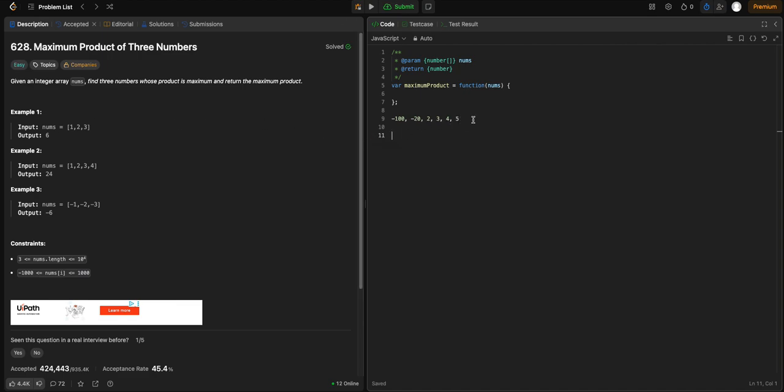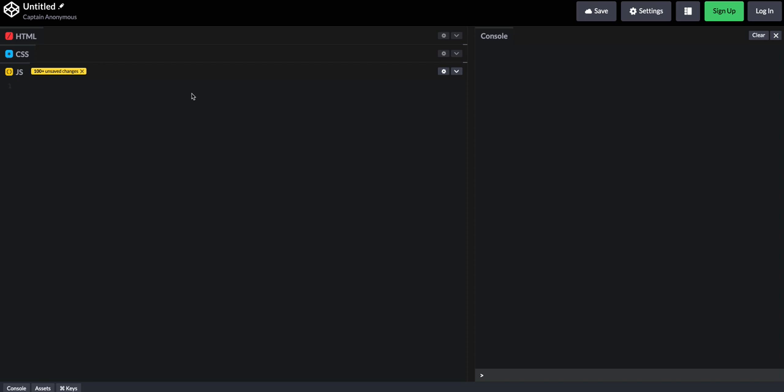So I'm going to ignore these examples because they're not that helpful. We might as well use this. This is cool. I'm going to grab this. We're going to move over to CodePen, excuse me. Nums is our variable, right?